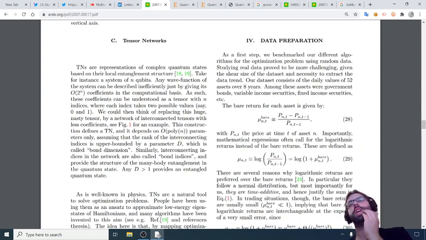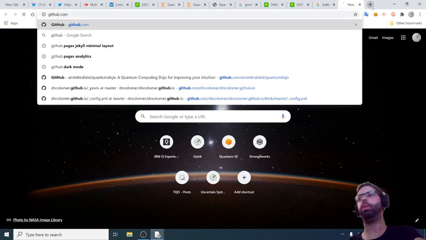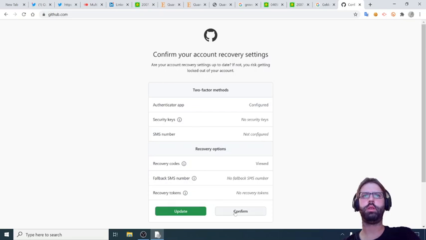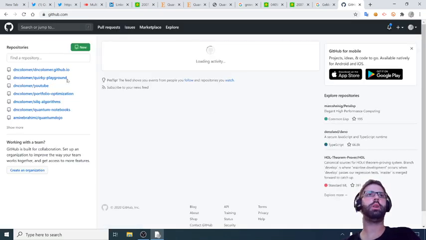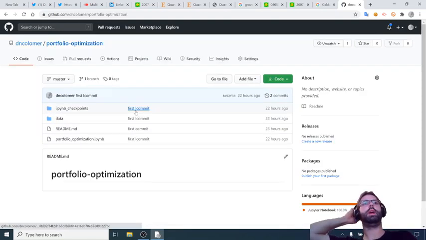I was checking the prices, and by the way, it's in GitHub. I uploaded it in GitHub. Yeah, here you go. So I uploaded it here, and I did this wrong.